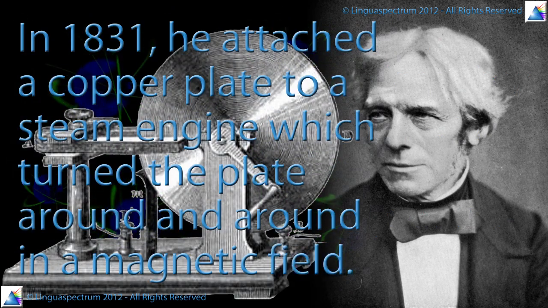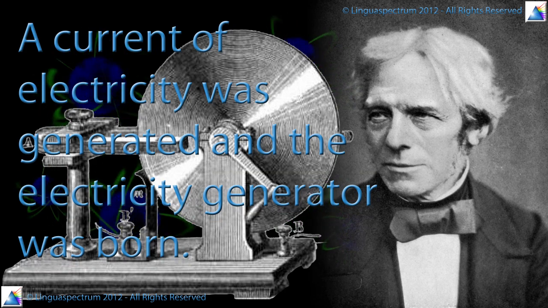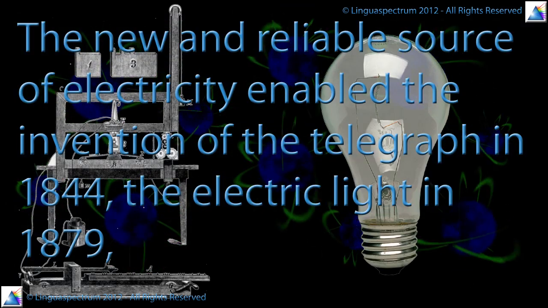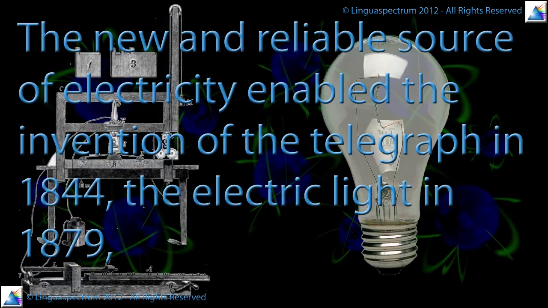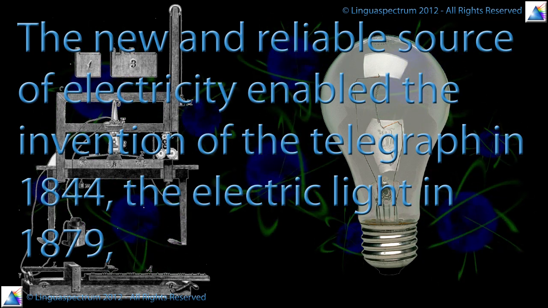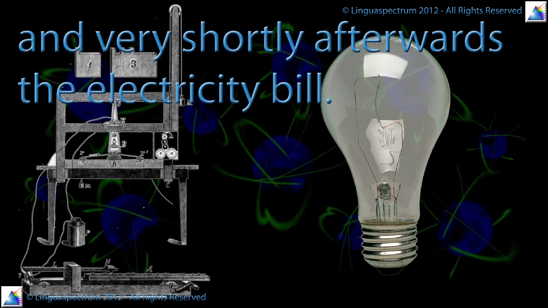In 1831, he attached a copper plate to a steam engine which turned the plate around and around in a magnetic field. A current of electricity was generated, and the electricity generator was born. The new and reliable source of electricity enabled the invention of the telegraph in 1844, the electric light in 1879, and very shortly afterwards, the electricity bill.